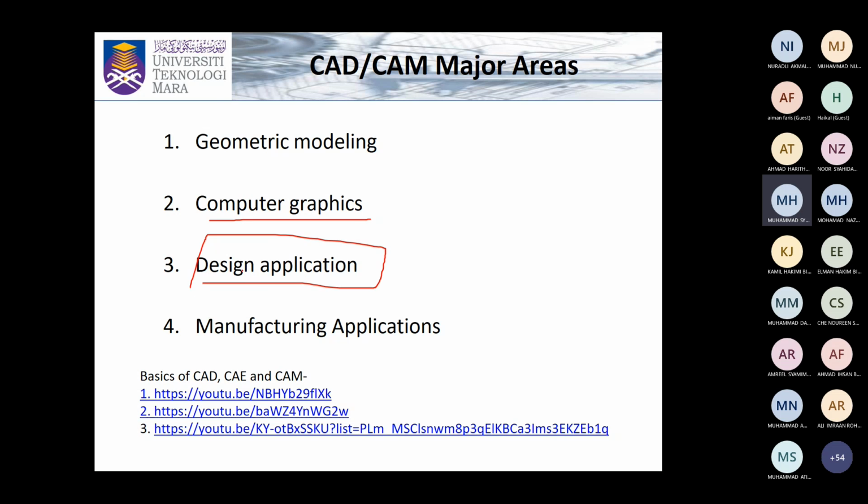The word application indicates the software, so we have CATIA, SolidWorks, Creo, PTC, all these kinds of things. And we have manufacturing applications, that means manufacturing software like Mastercam, Moldflow, CAD, Mold, like that.